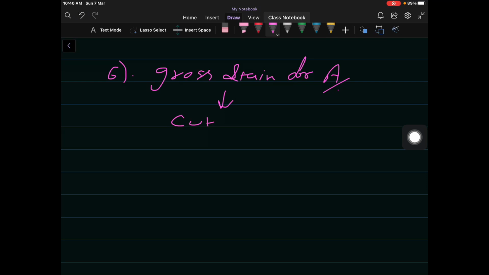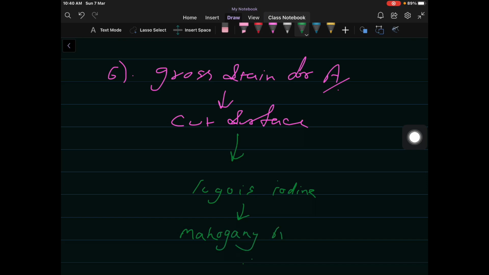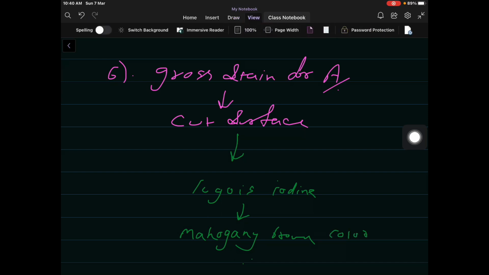When we paint the cut surface of the particular organ with Lugol's iodine, Lugol's iodine will give the mahogany brown color.